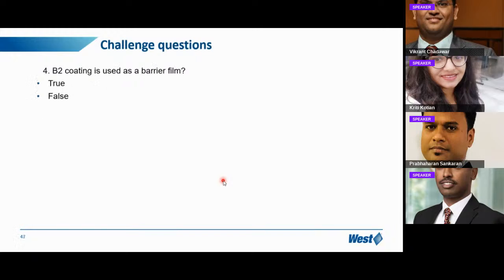The last question: the number of vents are rate limiting factors in lyophilized stoppers. Someone has replied two.